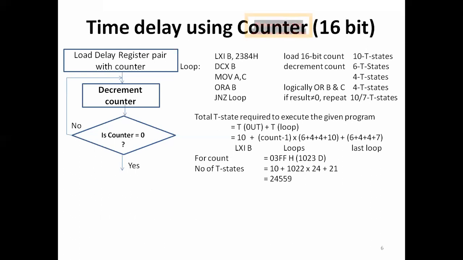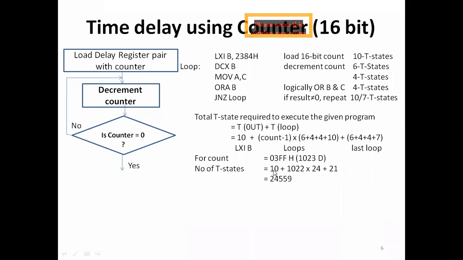But while calculating the time required or T states, the count value should be converted into decimal. So if the count value is 03FFH, we have to convert this value into a decimal number, and then this decimal number will be put into this place in the formula.